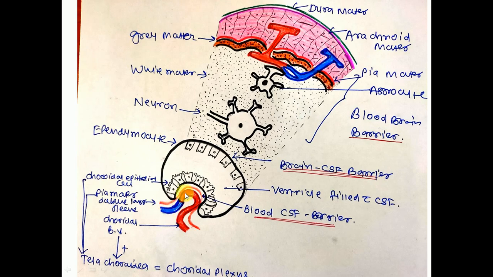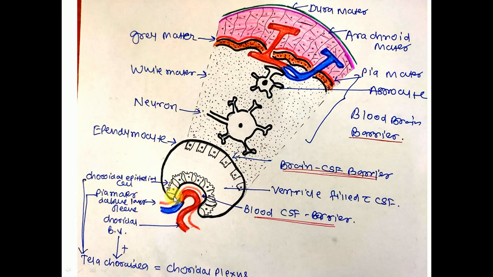Okay. So there are three structures as far as the production of the CSF is concerned. The innermost which lines the ventricular cavity, that is known as choroidal epithelial cell, then the double-layer fold of the pia mater and choroidal blood vessel. Okay, which is the branch, indirectly a branch, of the internal carotid artery.